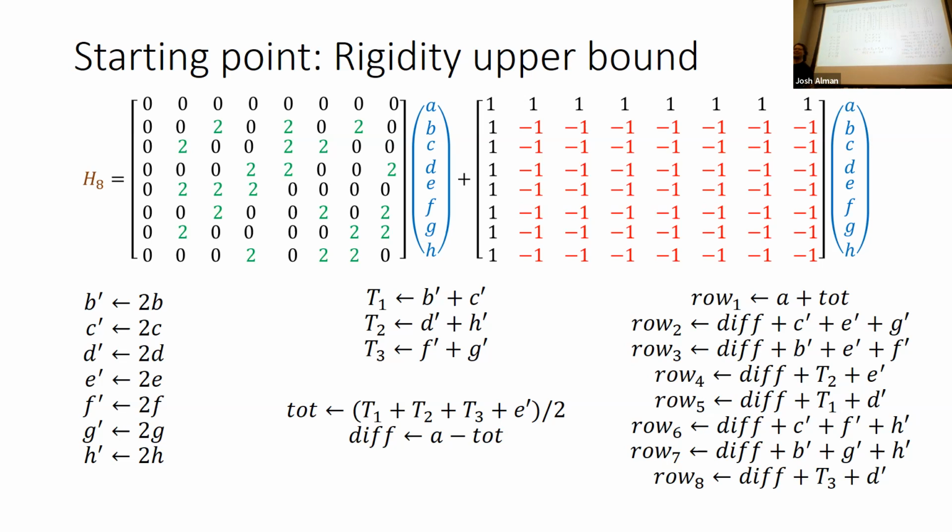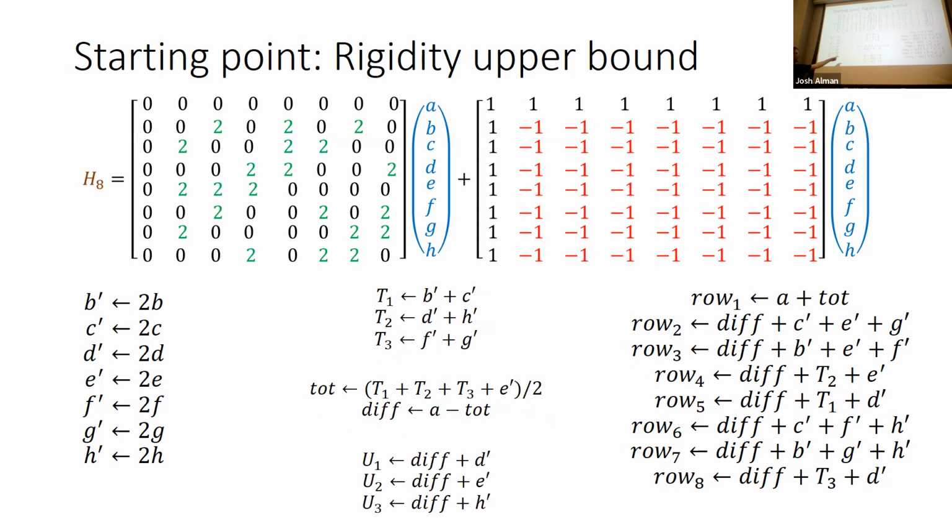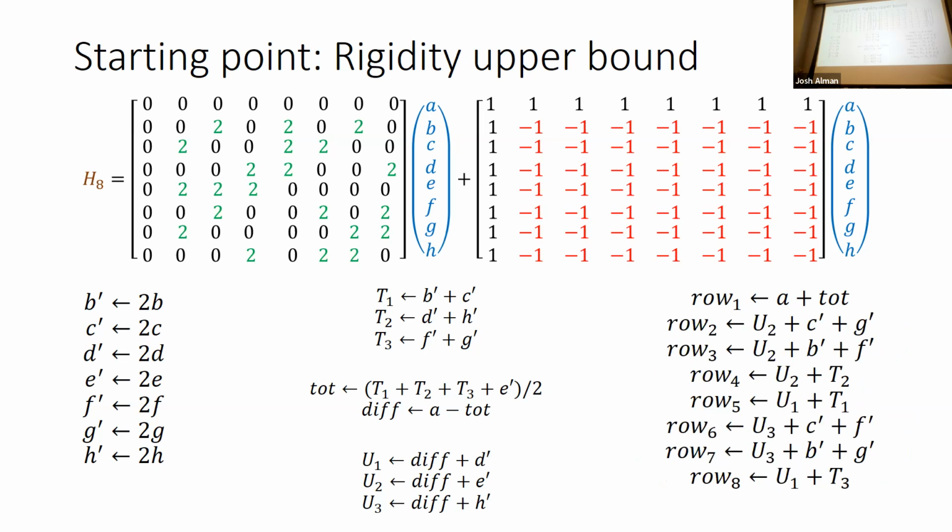So we're just going to do that once and then use it all 3 times instead of doing it 3 times. So ahead of time I'm going to compute diff plus d prime, diff plus e prime, and diff plus h prime. And then over there on the right, I'll use those instead of adding diff plus things in the first place. Here I did 3 new additions, but over there I saved 7 additions. So I actually decreased the operation count by 4.